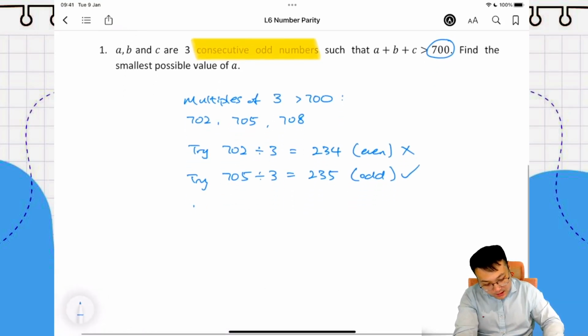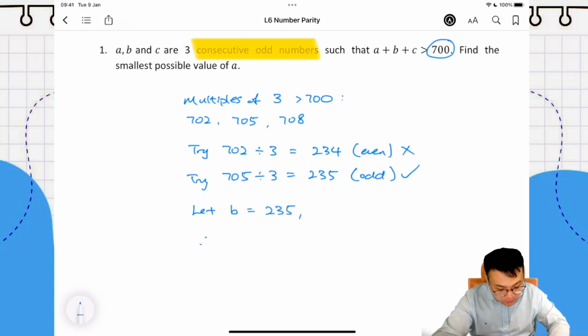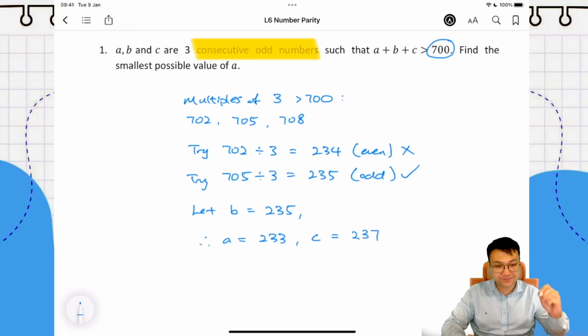So you can say let the middle number, which is B, equal 235. Therefore, A is smaller than B, 233, and C is bigger than B, 237.